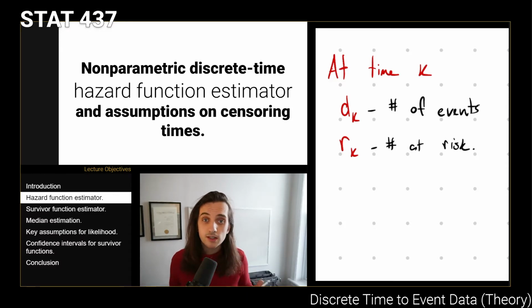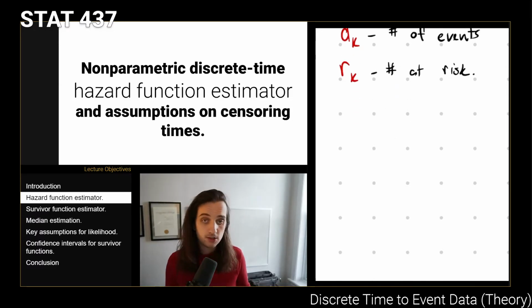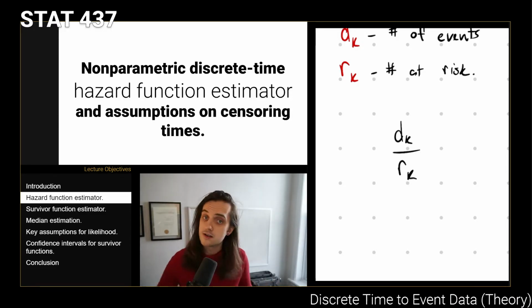And so if you condition on people still being left in the sample at time k, and you want to know what's the probability that they experience an event in this instant, well, we can just use the ratio dk divided by rk. Because rk in the denominator there is the total number that are still left, so still at risk. That takes care of the conditioning component. And then dk is the proportion that had the event occur.